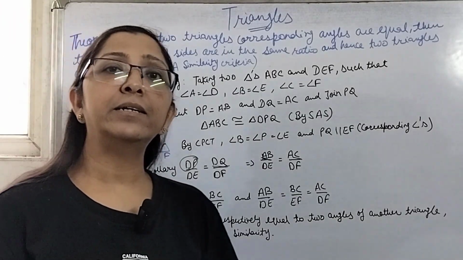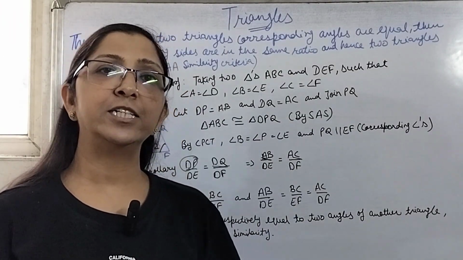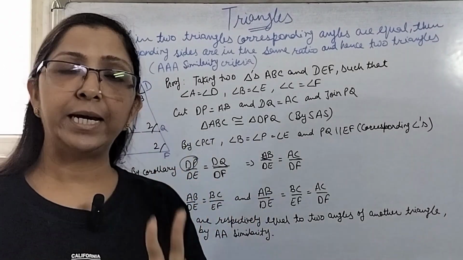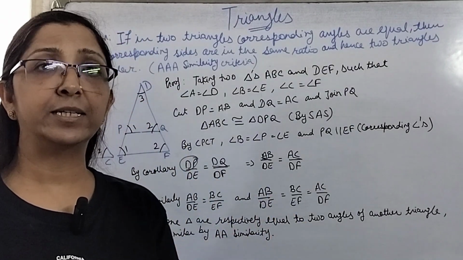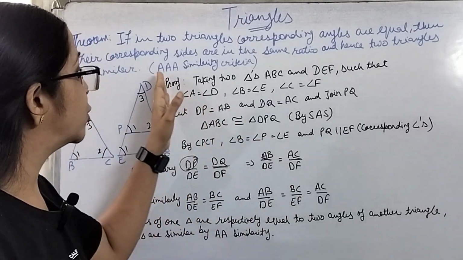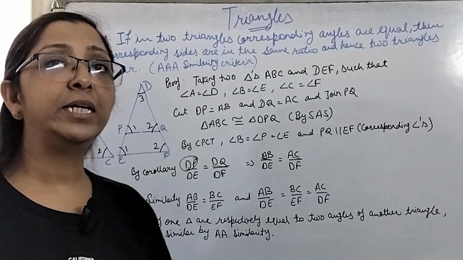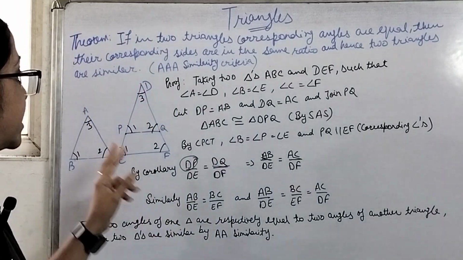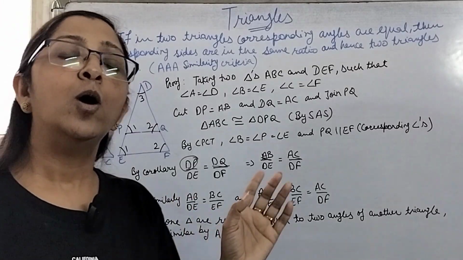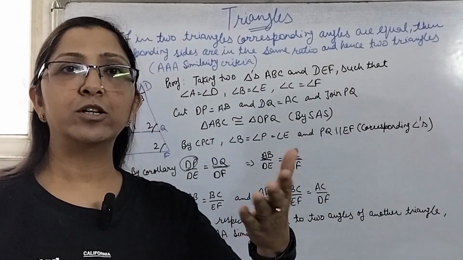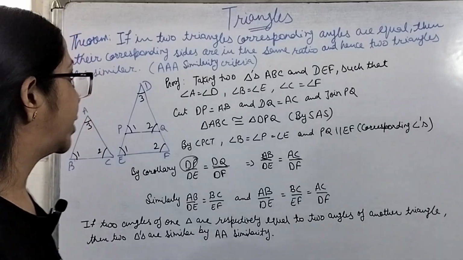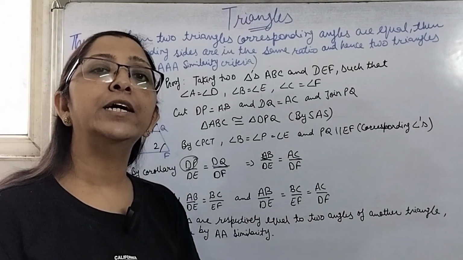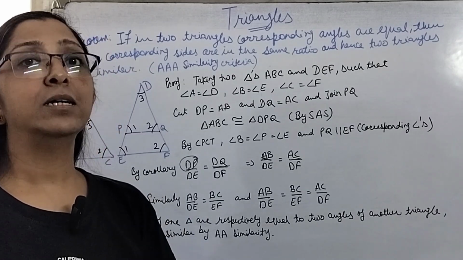Now we know that in a triangle, the sum of all three angles is 180 degrees. So if any two angles of the corresponding two triangles are equal, then also we can say that the two triangles will be similar, not congruent, by AA similarity. Because if any two angles are equal, automatically the third angle will also be equal, because the sum of all three angles is 180 degrees.